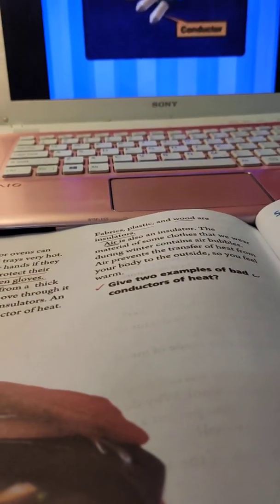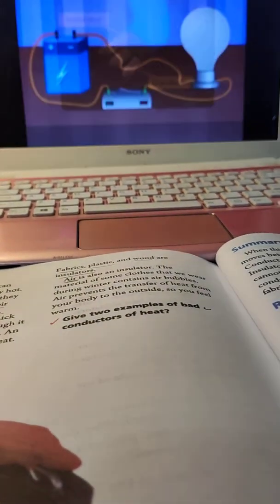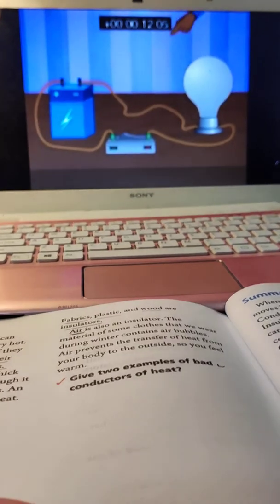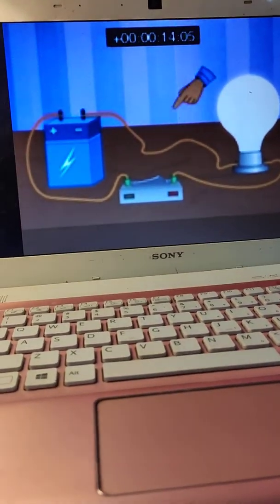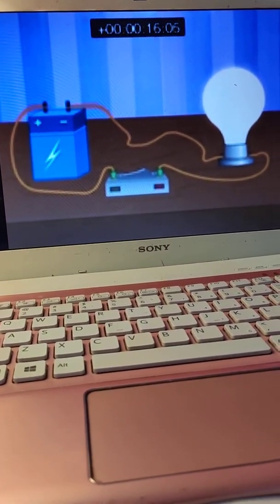So we have a video showing us the difference between conductors and insulators. They are both used for different applications in daily life. Conductors are materials that allow electricity to flow through them easily.